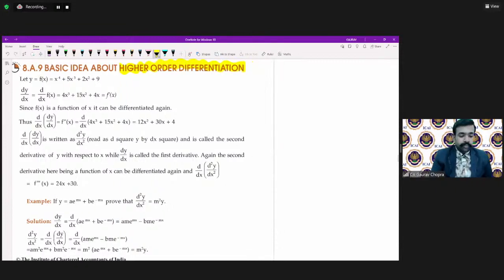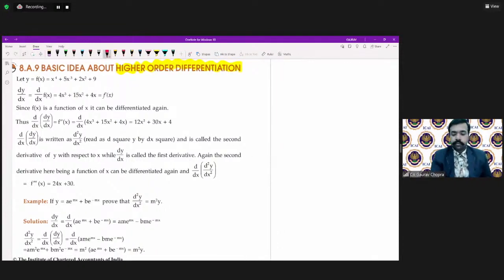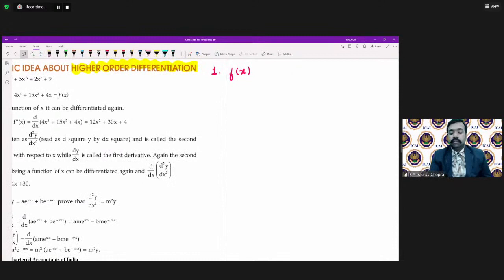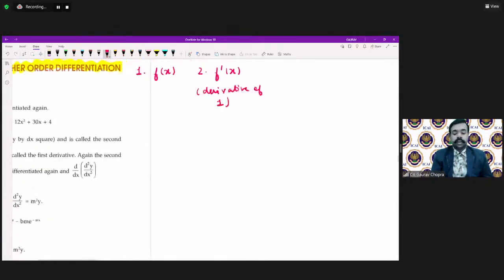So whenever we are given a function f(x), we can find its derivative, and we can write it as f dash x. So f dash x means the derivative of the function f(x).